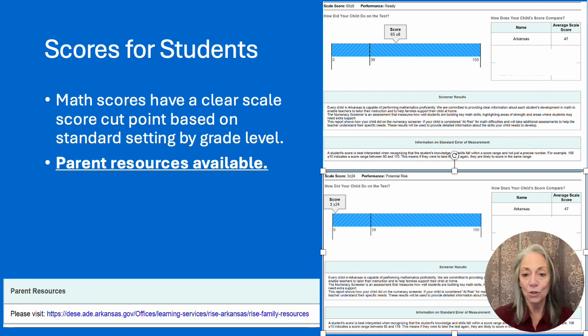How is this student doing on what the student is expected to know and be able to do based on our Arkansas academic standards? And to me, that's something we haven't had. We've had various assessments that give us different information and not necessarily aligned, particularly at the K2 level. They were partially aligned to our standards and our expectations, but they were based on the building of the system for other purposes.